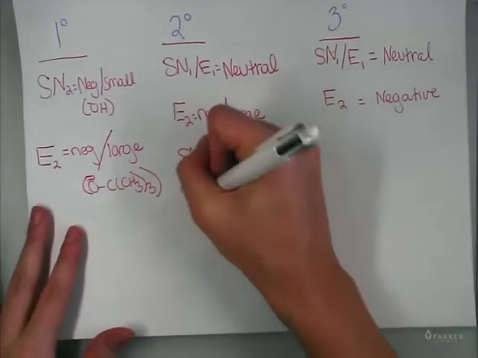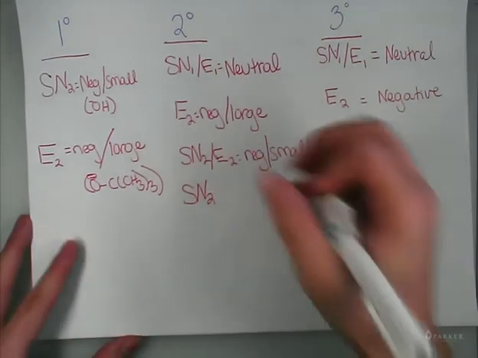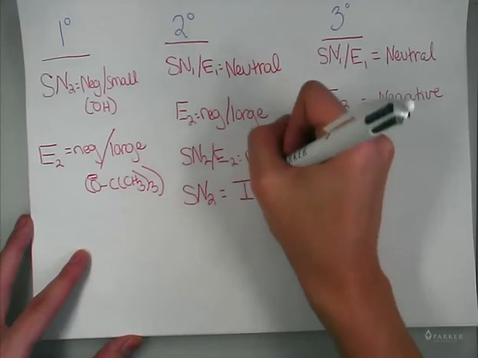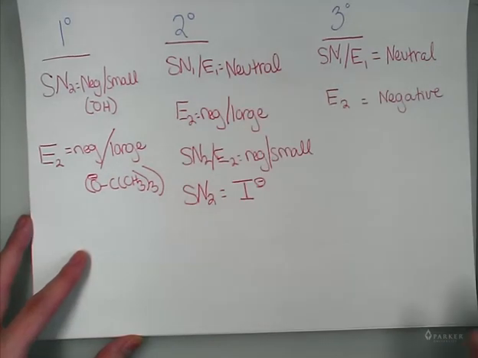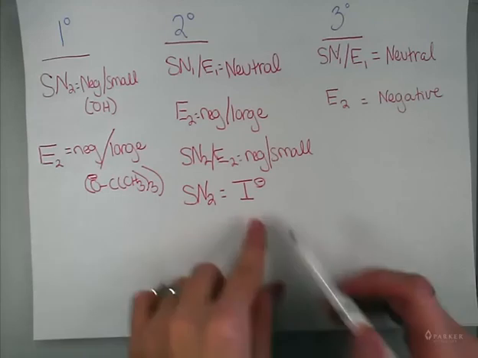Okay, so then the last one is we could have SN2 only. Now this is one you haven't seen before, and that's why I'm going to bring it up. This is whenever you have an iodine nucleophile. This really only works with iodine. Now the reason iodine, so going to the right and down makes you more acidic, okay?